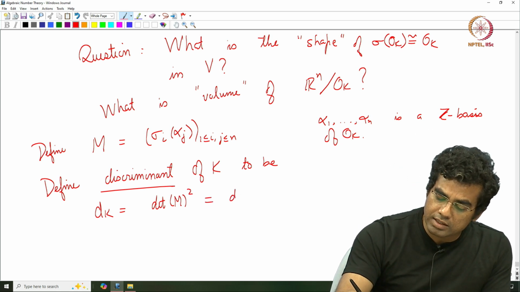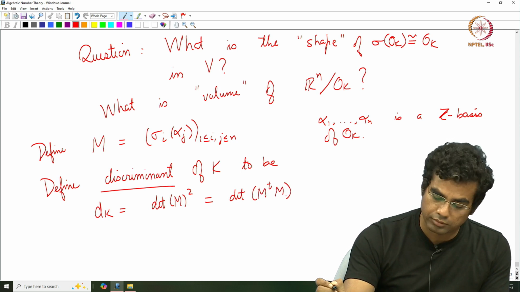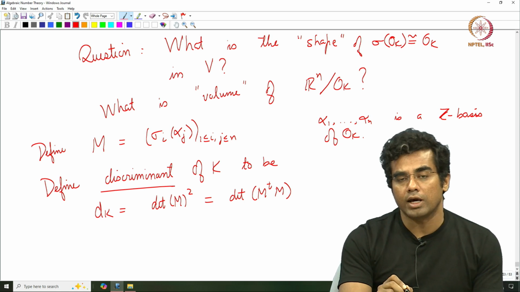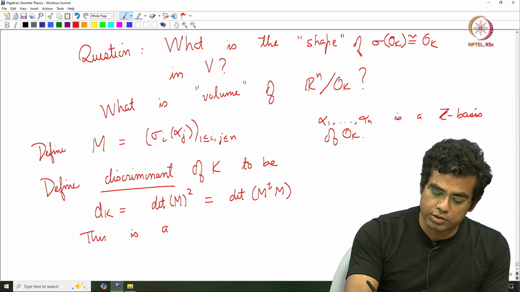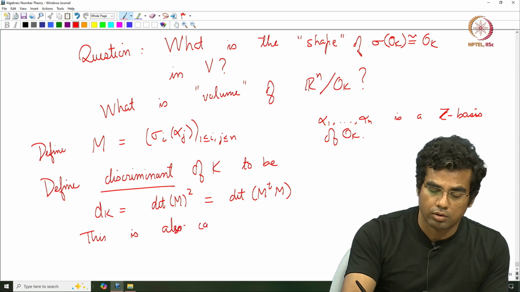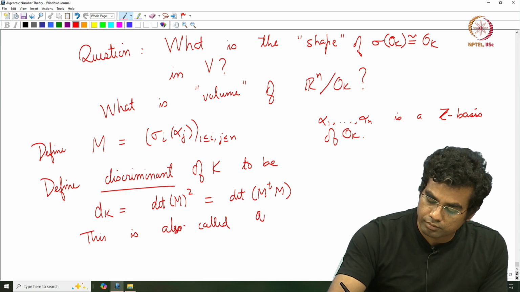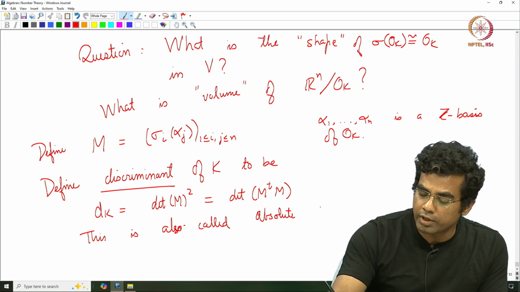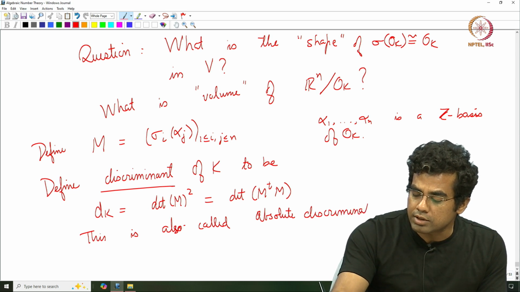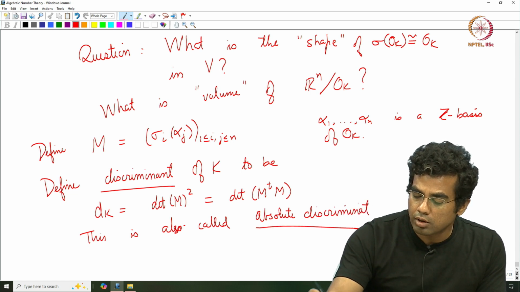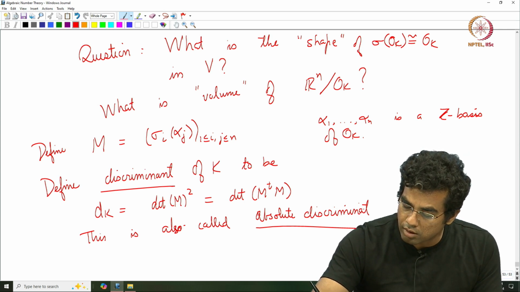Another way of writing this is the determinant of M transpose times M. This is also often called the absolute discriminant, because it is over Q, and later on we will also define relative discriminants, which will be for other extensions.